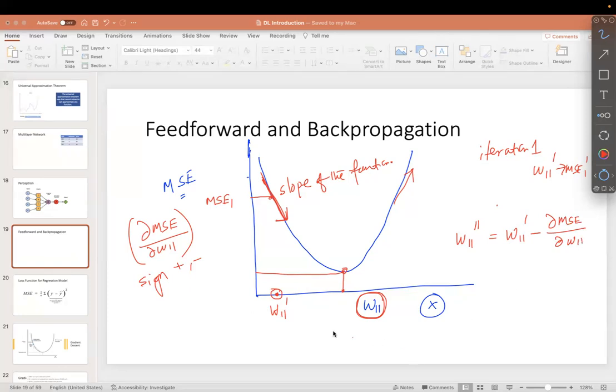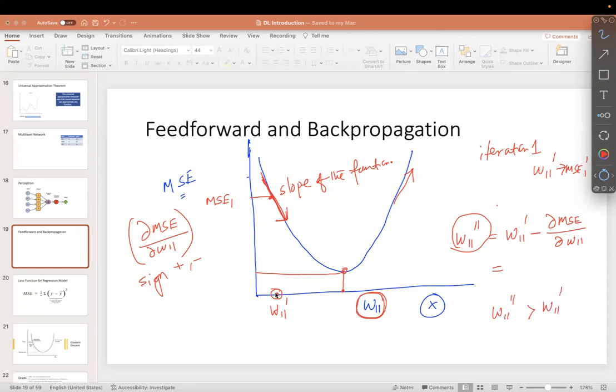That means whatever value you randomly initialize, at that point you calculate the slope of the function and then simply subtract it. Now, how is it going to help? Because this value is going to be negative, negative and negative becomes positive. So the next value of W11 will always be larger than this particular value.